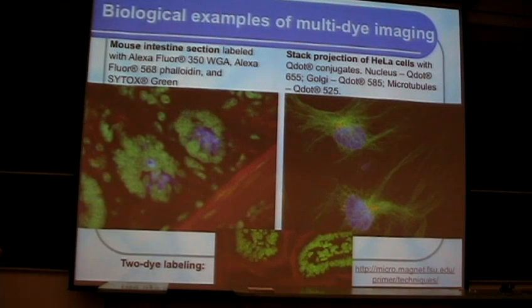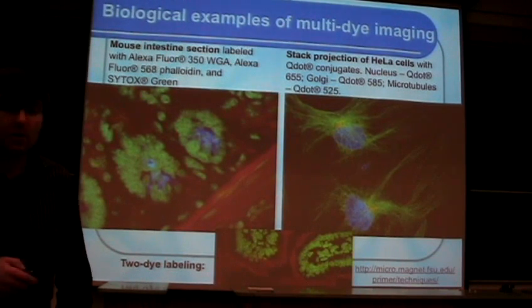The examples of biological imaging are illustrated on this slide, and you can see that the colors actually correspond to different dyes in the sample. We can use not only two different dyes to label different components in the sample, but also multiple different dyes, for example 3 or even more.